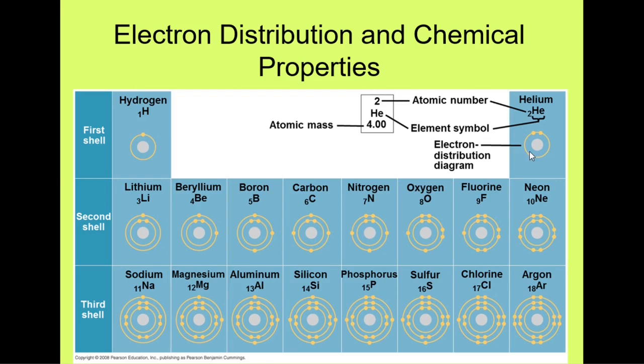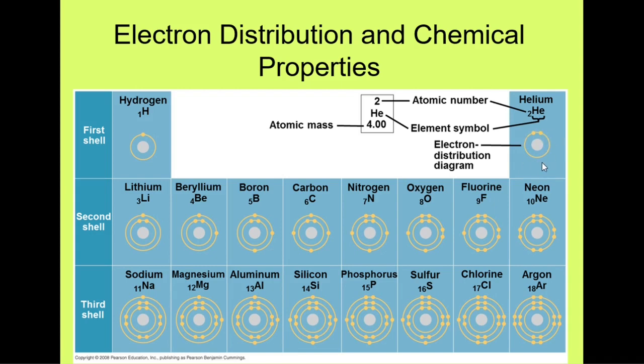If we move over to the next element, we have helium. And we can see up here, helium has an atomic number of 2. So that tells us that it has 2 protons in the nucleus, and it also tells us that it has 2 electrons moving around the nucleus. So those 2 electrons of helium will actually fit into that first shell.